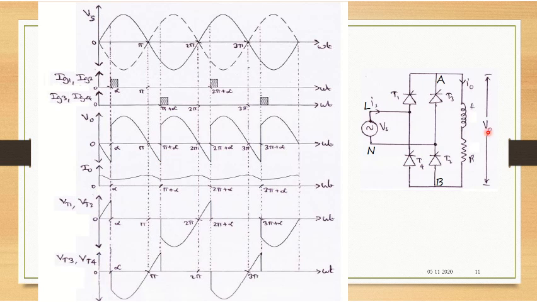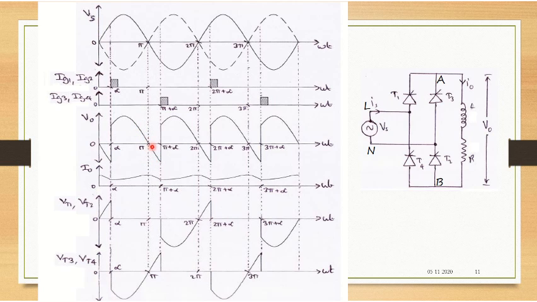Depending on the value of L, this current will be there in the circuit, which will keep T1 and T2 on even during the negative half of the input signal. When the input signal is in the reverse direction, because of the inductor current in the circuit, T1 and T2 will still be conducting. That is what is shown here.